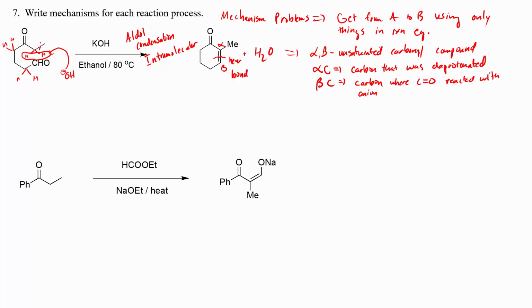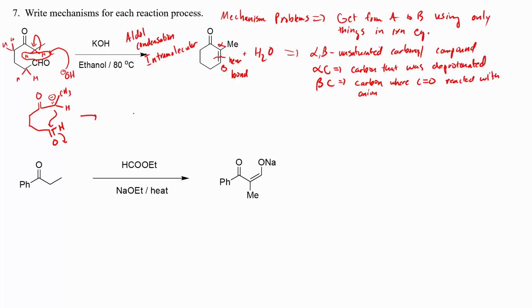I'm going to draw carbanions as intermediates rather than enolates because the drawings are a little bit clearer when you do that. Enolates are really what they are, but this tells you exactly what's happening a little bit more clearly. All right, so the anionic carbon has to connect with an electrophile. Here's the electrophile, the C double bond O group.